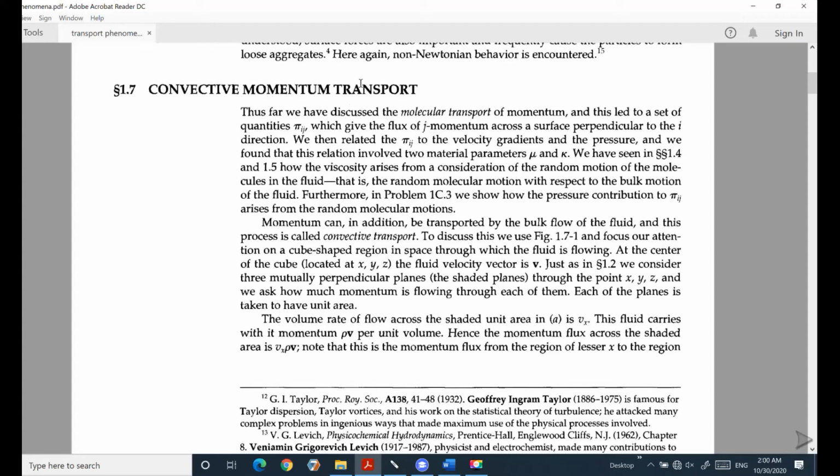In the first part, we were talking about the molecular transport and the set of quantities. We defined all these terms, the flux of the j momentum across the surface perpendicular to the i direction. Then related is the velocity gradient and the pressure, and we found that this relation involved two material parameters, mu and K, and so on.